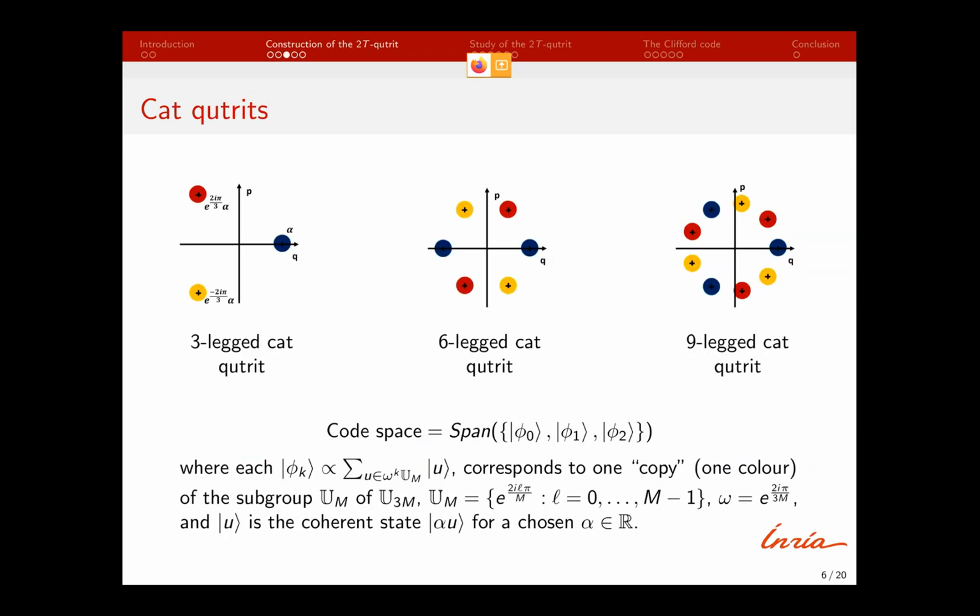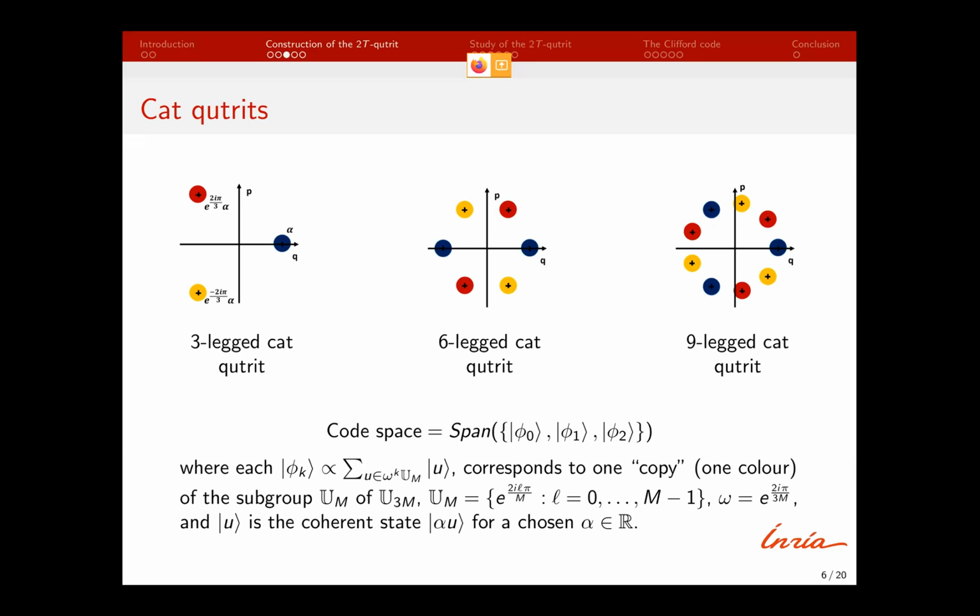But within that space, we want to define a qubit, so choose a subspace of that space. And to define this qubit, again, we took inspiration from cat codes, and here we'll refer to cat qutrits because the 2T-qutrit is a qutrit, so it's easier to directly start with qutrits.